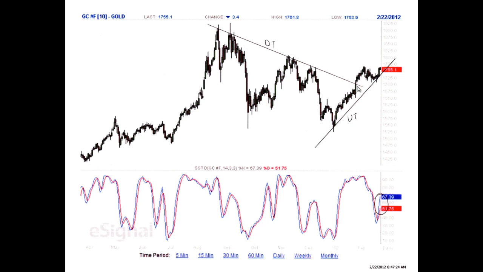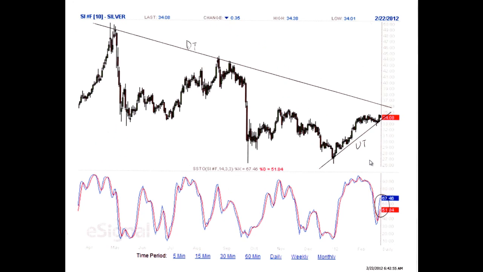In the last 2-3 weeks we've broken out above the downtrend line. Things are looking good right now. Of course, there will be a very strong fight around the 1760 level, so expect that to be well fought right here. But things are looking good.